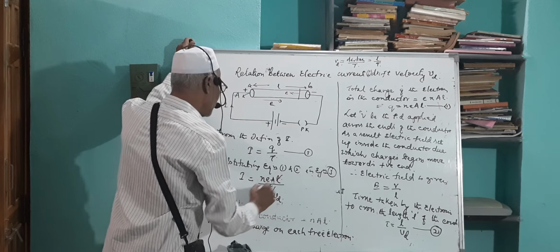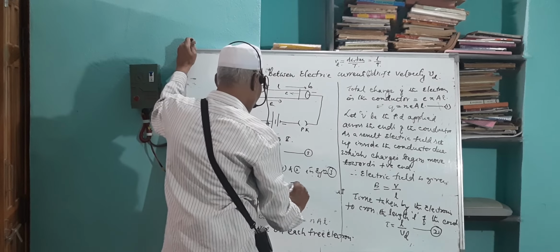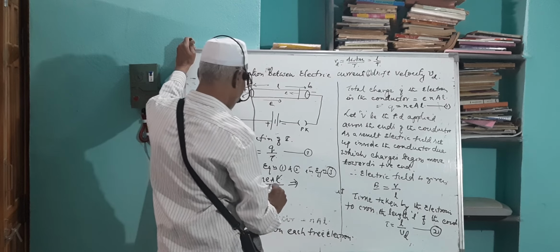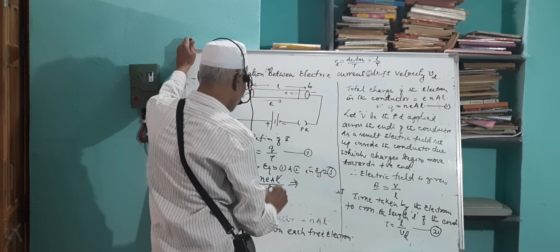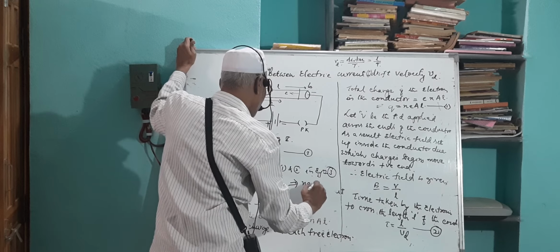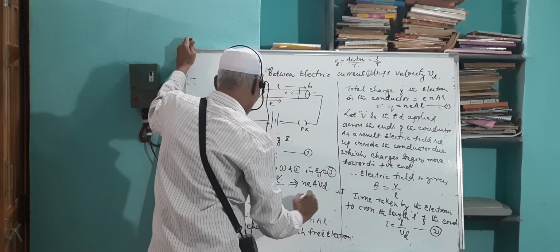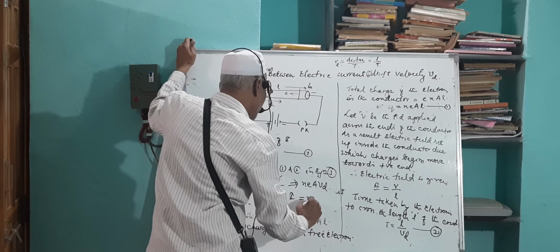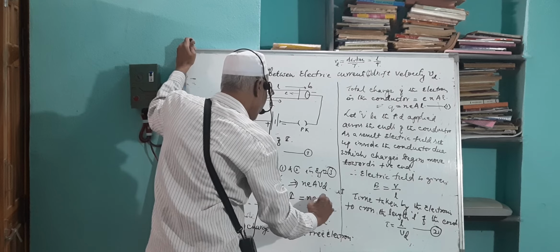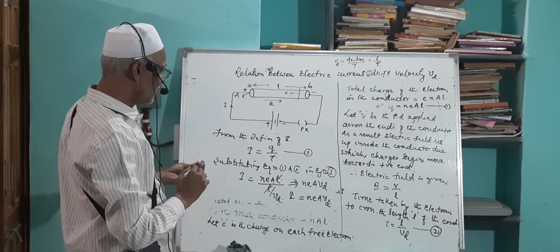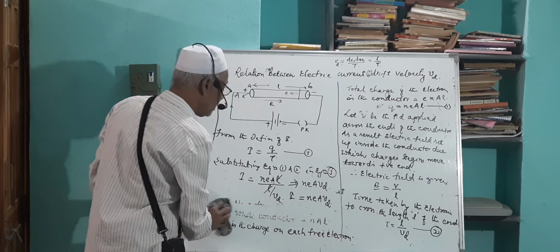This L will get cancelled, and Vd goes to the numerator. Finally we get the expression I = N e A Vd.